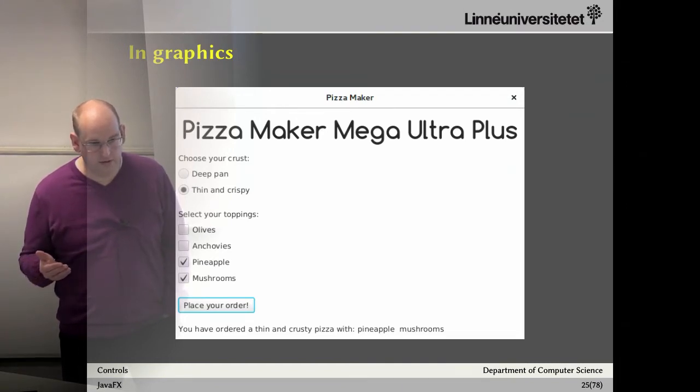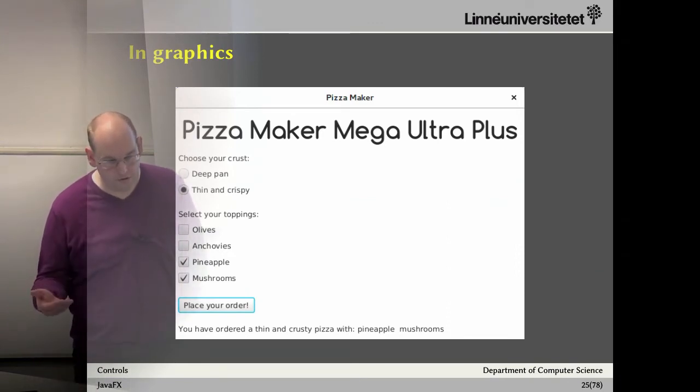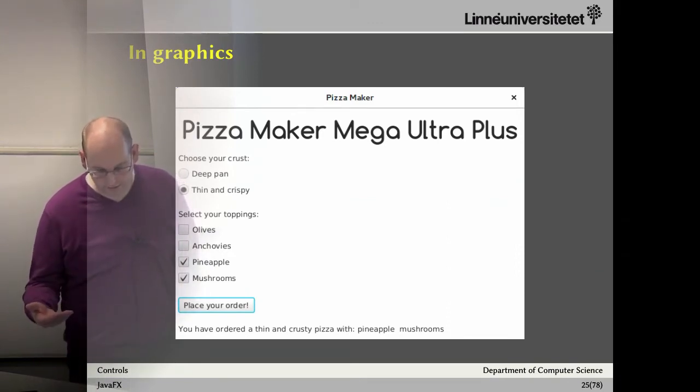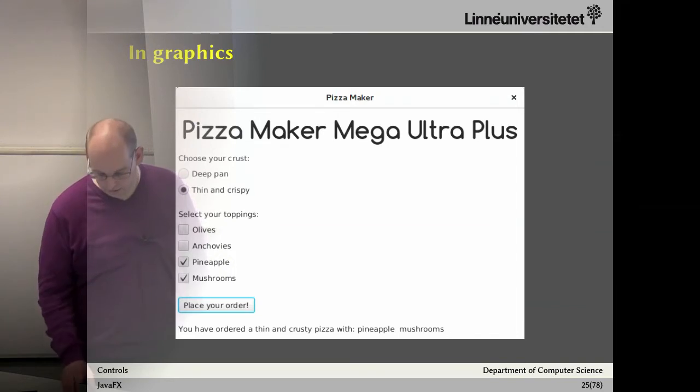No, I want to get, for example, the string of the radio button that is checked in the toggle group. Yes, you mean that's text string. So the question basically was whether it is possible to get the string of the radio button.